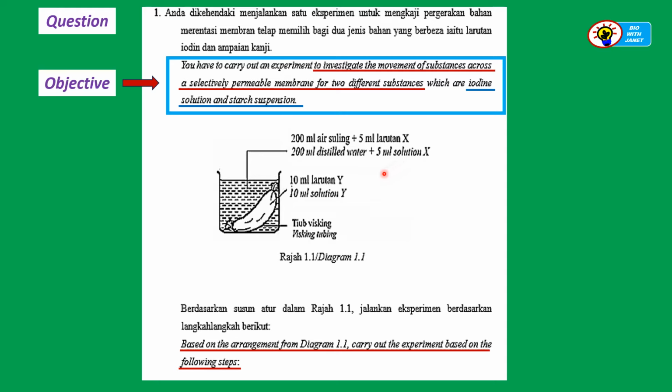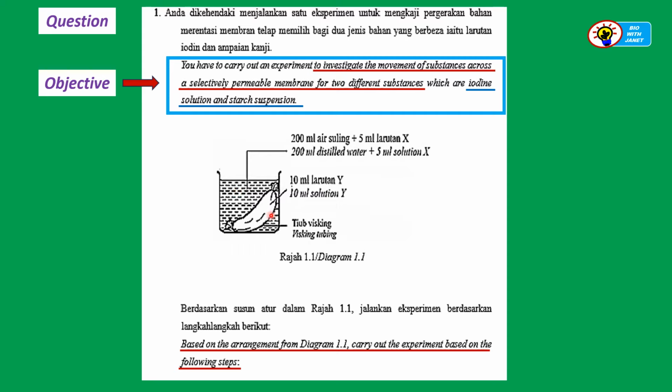Now, here we have to prepare 200 ml of distilled water plus 5 ml of solution X, which is the iodine solution, mixed into it. So we can imagine that the color will turn to yellowish brown. It will be a yellowish brown solution.